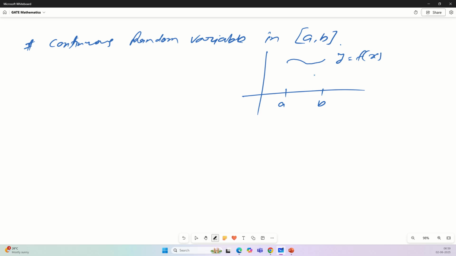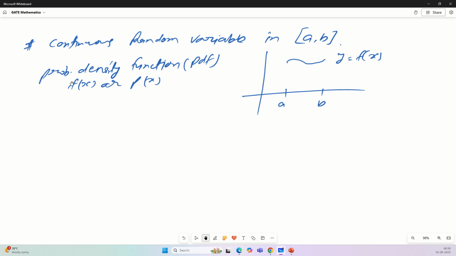So basically what is going to be written here is probability density function, or it is called PDF, f of x or p of x. Sometimes we represent it by a small f of x or a small p of x.